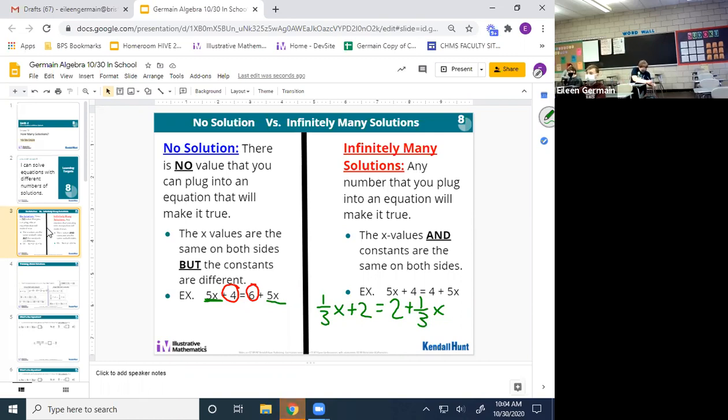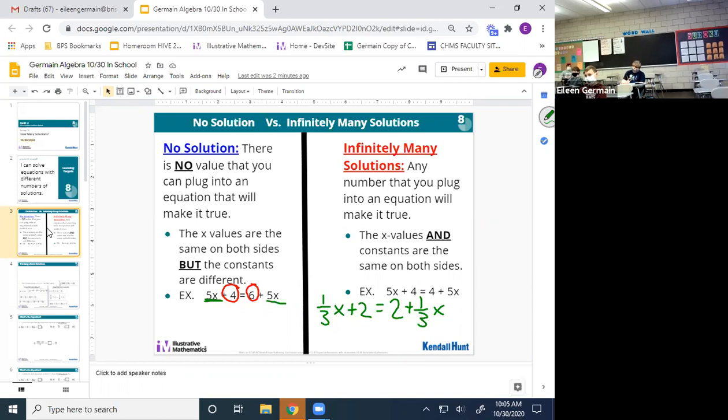What we need to remember before we make these decisions is that you don't just look at an equation. If you're given a complex equation, you're not just going to look at it and say infinitely many or no solutions. No, you're going to solve it first. Once you have x's on both sides and constants on both sides, you can look at it.